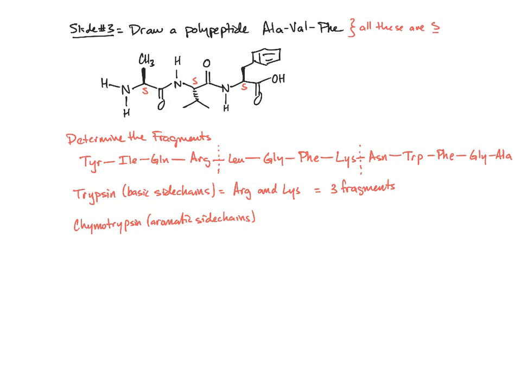So chymotrypsin cleaves at aromatic side chains. How snappy are you with the responses for that one? Oh, I thought you meant how many fragments. So tyrosine, I promise this is like the easiest part. It really is. This makes the most sense ever. Yeah, phenylalanine, and tryptophan.